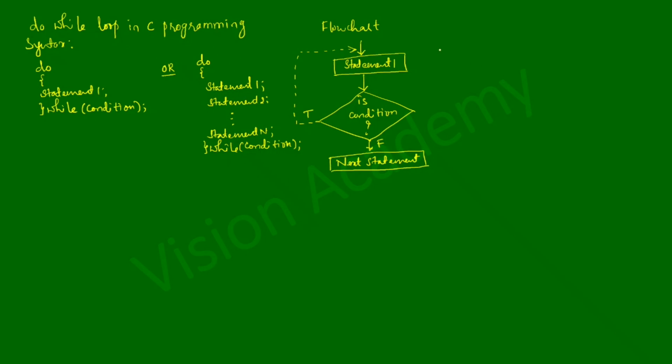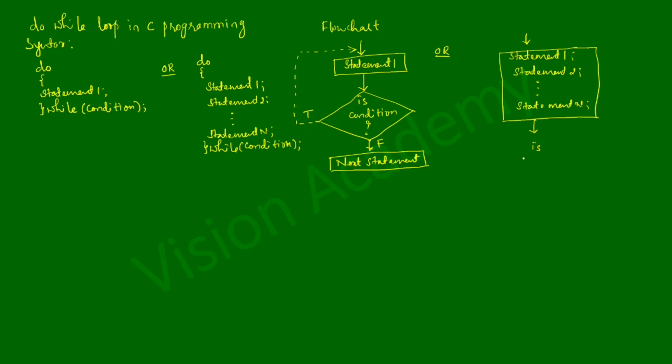Now let us go for compound statement. Here I'm going to draw a down arrow mark, then I'm going to write a set of statements. I'll write here statement number 1, statement number 2, and so on. We can have statement number n. Now put this one in a rectangular box. Now we are going to check out the condition.